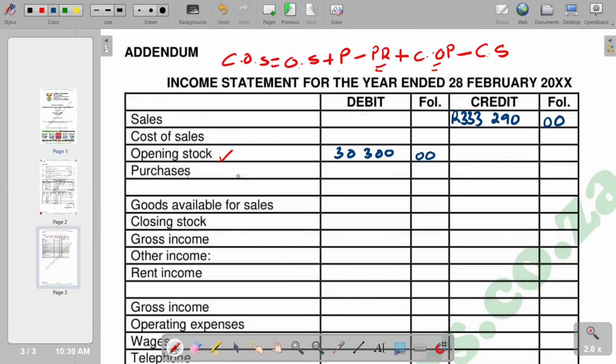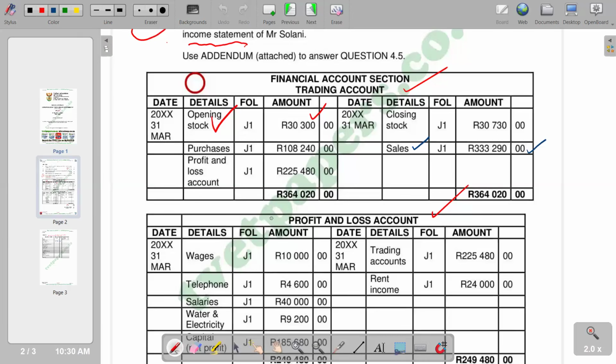And then we have to add our purchases. By adding our purchases, we refer back again to see where we have our purchases. Of course, we have it here. All the opening stock and purchases should go to the debit side. So we've got 108,240.